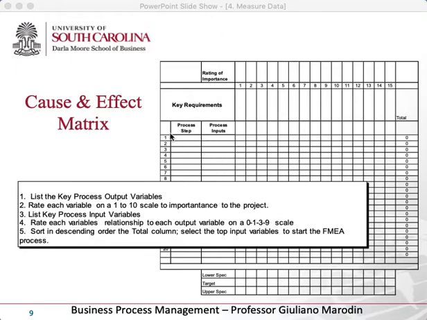But basically here, you have the process steps, you have process inputs, and on here in the columns, you're going to use your Y variables. So you can put your quality, on-time delivery, productivity, cost, whatever the Y variables are in the project.